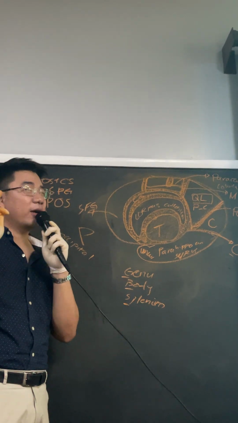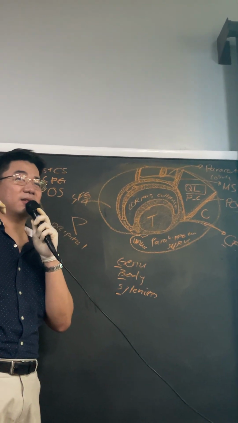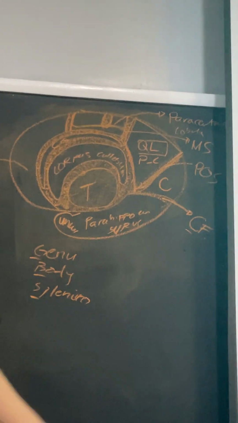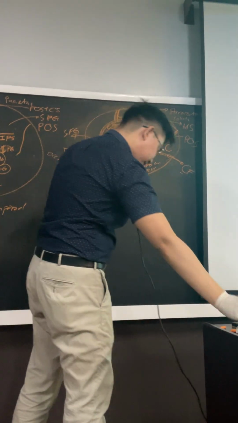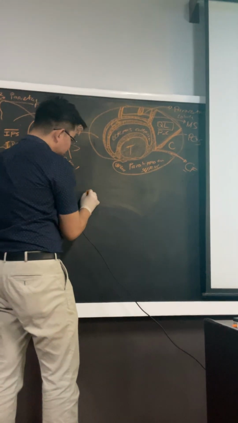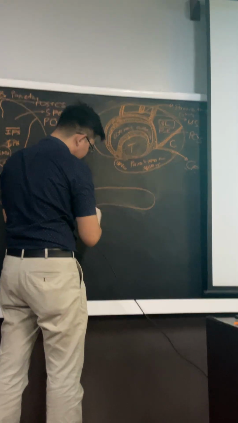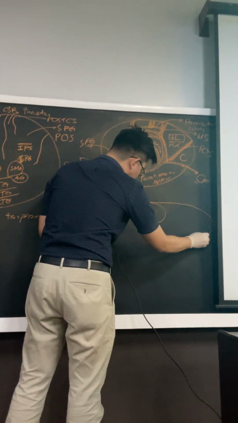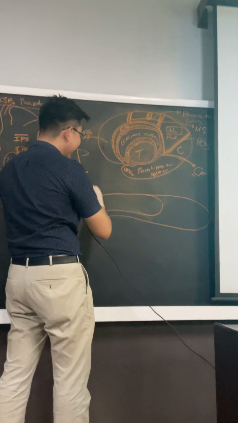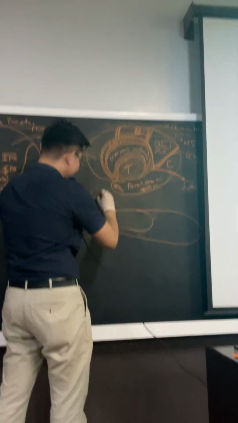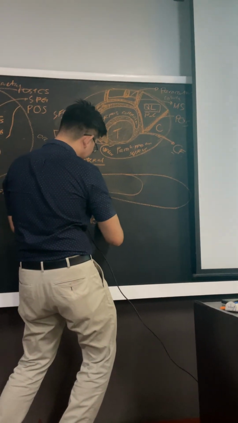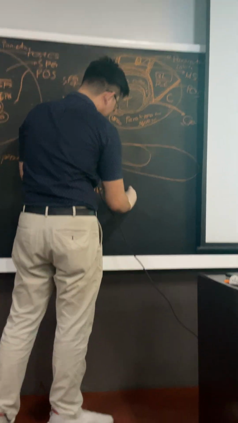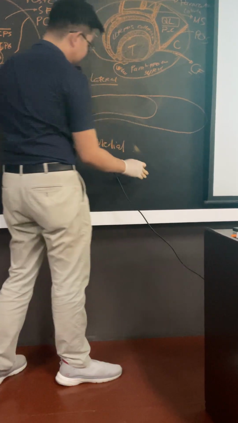So I want to discuss the basal surface, if that's okay. Sorry, this is the lateral surface. This is the lateral part, and this one here is the medial portion.